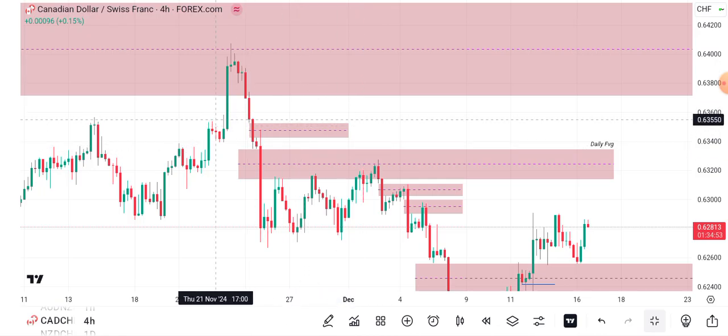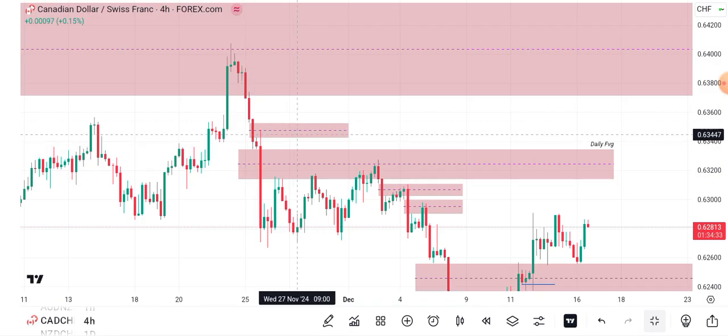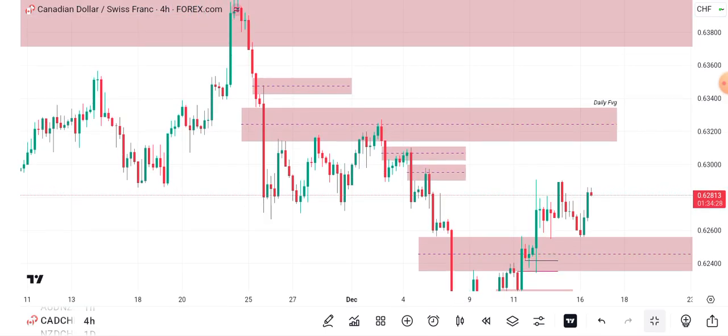So preferably I wouldn't have done anything around this area of this larger fair value gap, because there's nothing. The market just came inside and broke down. I wasn't seeing things I could really trade off from, but I saw something here that was of interest to me, and that was this daily fair value gap.